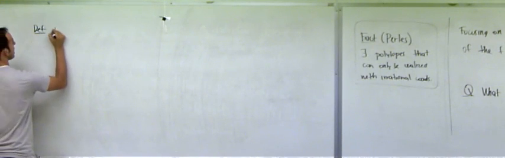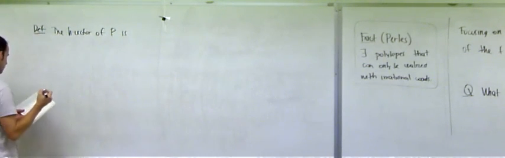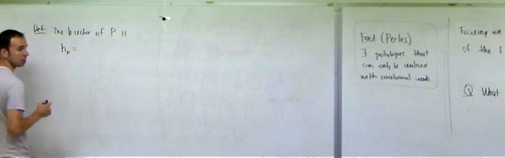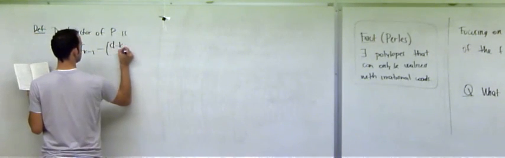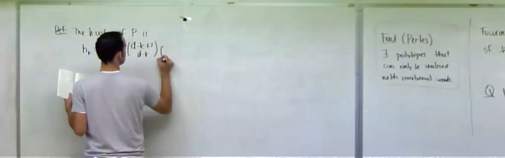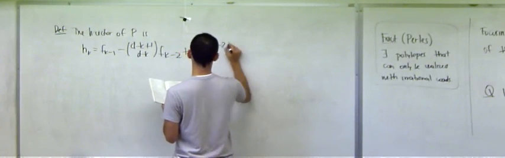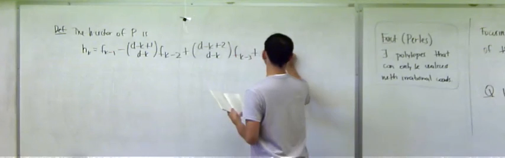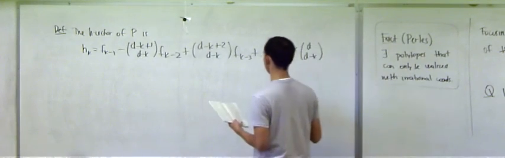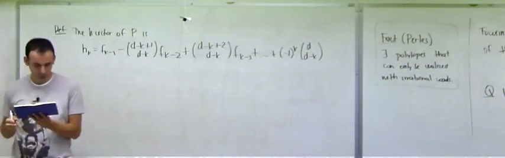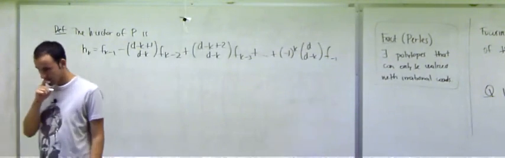Definition: the H vector of P is defined to be the kth entry equal to f sub k minus 1 minus, and so on.